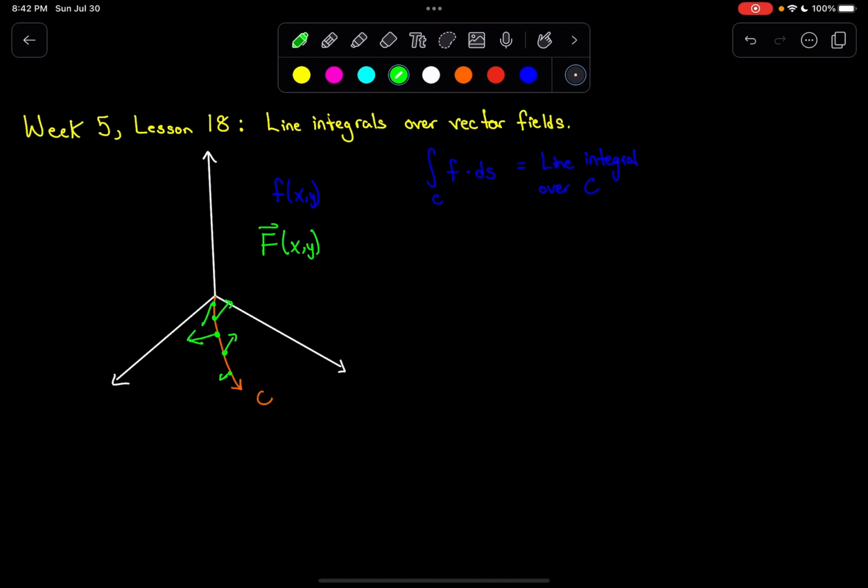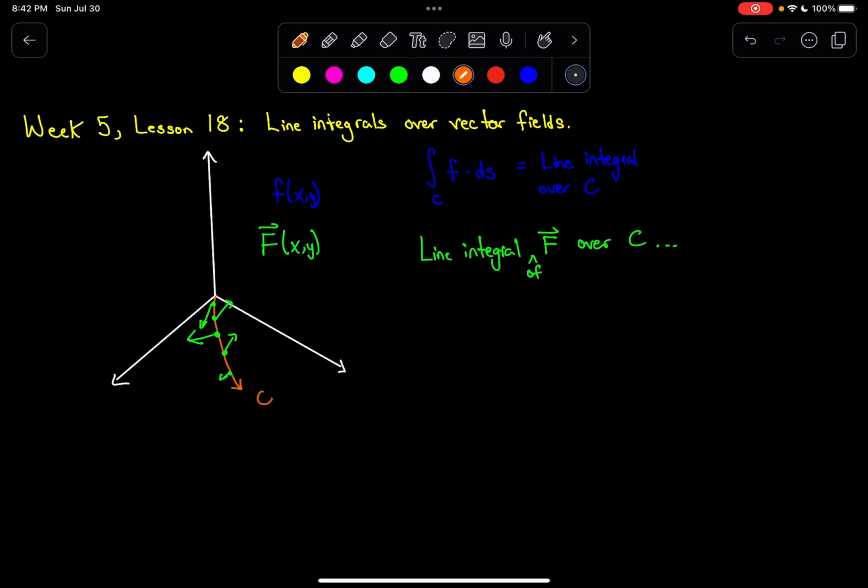And you can imagine that if we want to talk about the line integral of this vector field F over our path C, what might this give us? What real world thing does this do? And it shouldn't be too hard to think of.